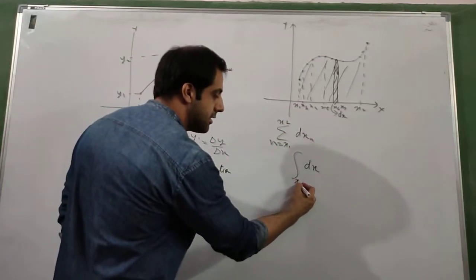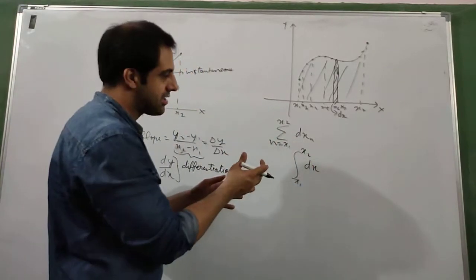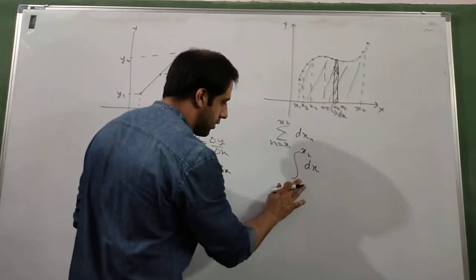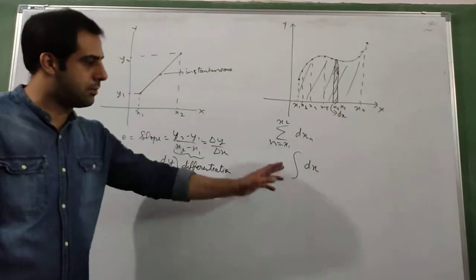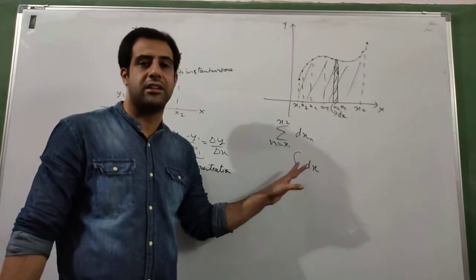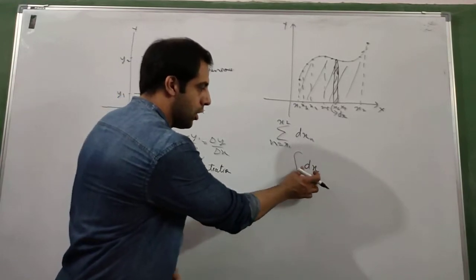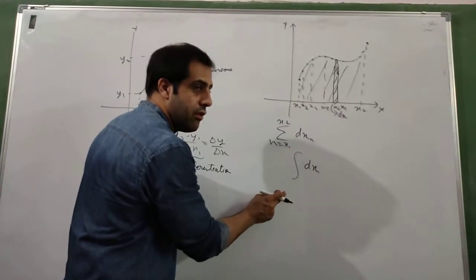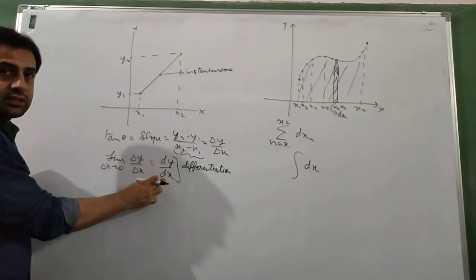There will be limits from x1 to x2, but I will explain the limit part in a separate video. Right now we are just integrating, so there are no initial and final limits. We have a large group of different values of dx, and we are just summing them. We are integrating, summing all the values of dx.